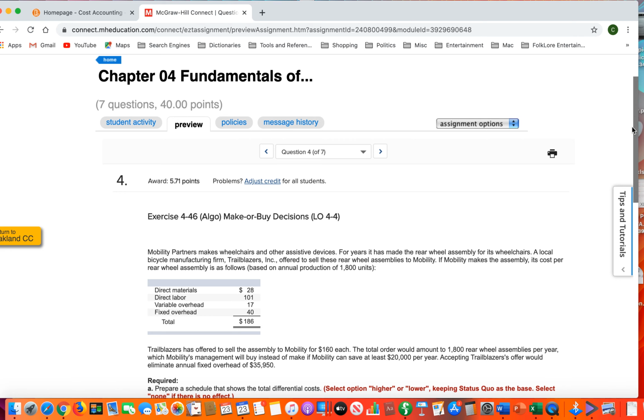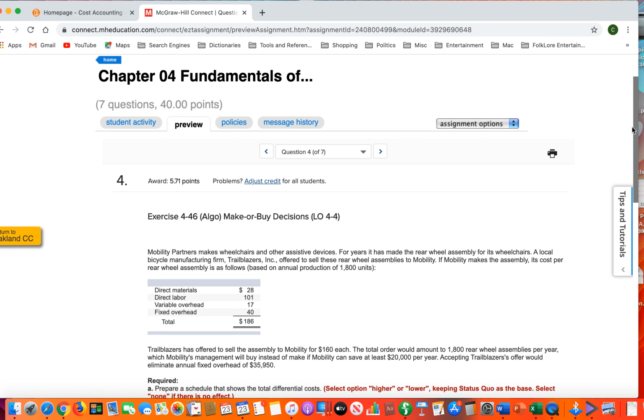Now, this company offers to sell the assembly for $160 each. The total order would amount to 1,800 rear wheel assemblies per year, which Mobility's management will buy instead of make if they can save at least $20,000 a year.